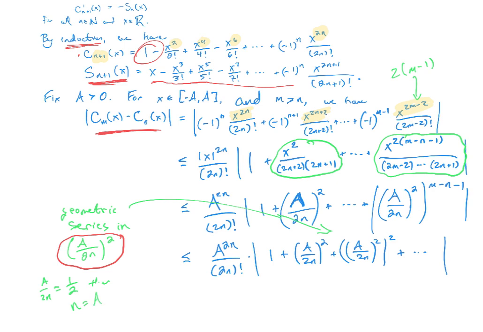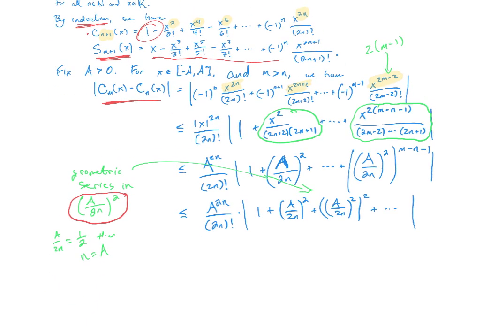And actually, okay, so I solved that. That's not really what we want in our argument. What we really want is, we want to say if n is greater than a, then a over 2n squared is less than 1/2 squared equals 1/4.